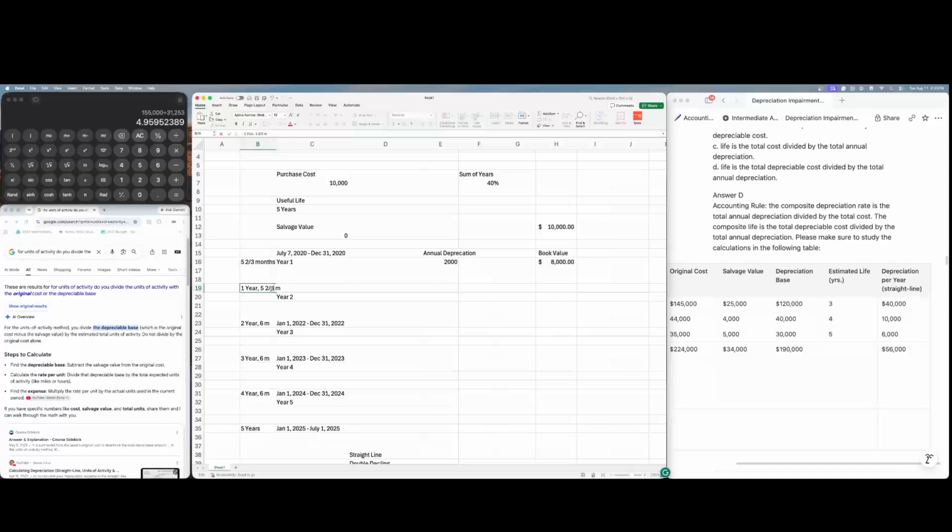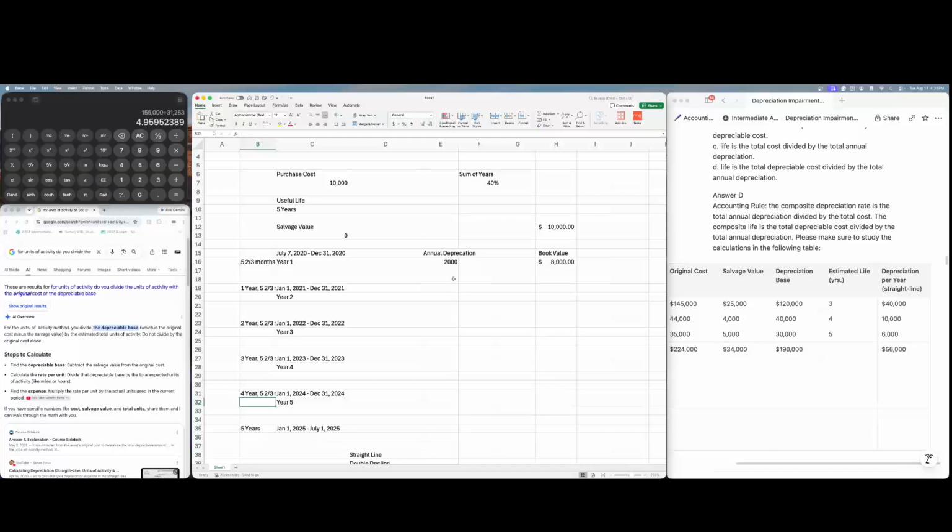This is probably not really that fun, honestly. If they want you to use a fractional year for whatever reason, it would be kind of a pain to calculate.